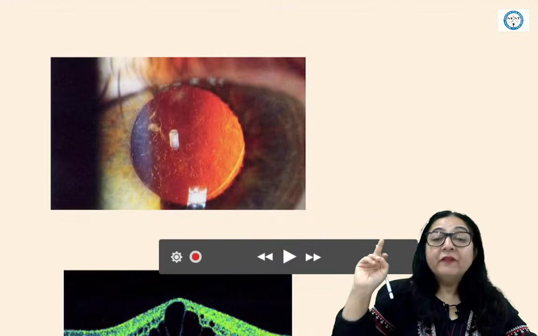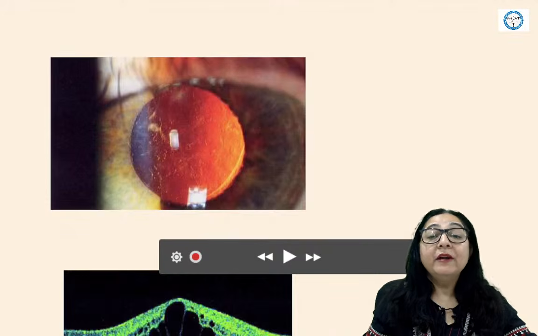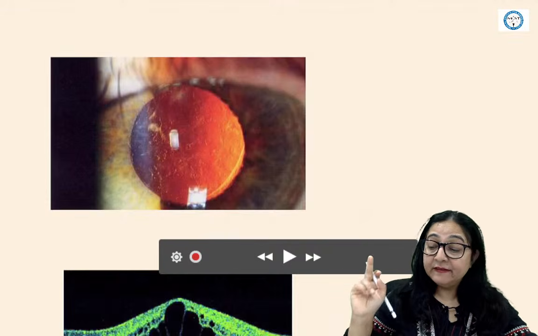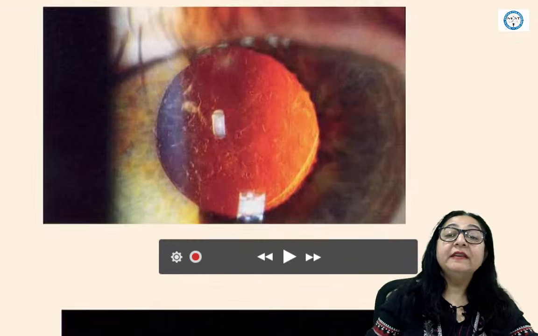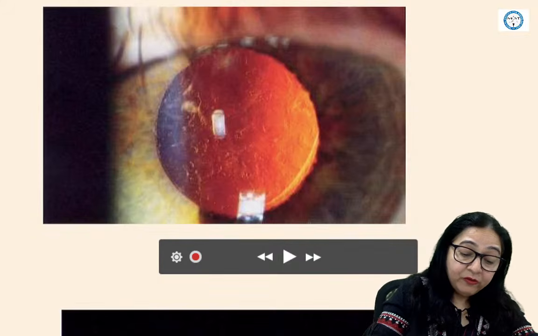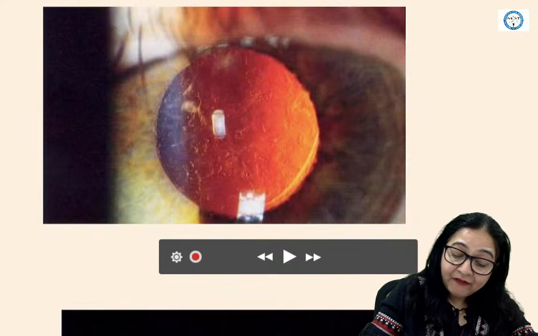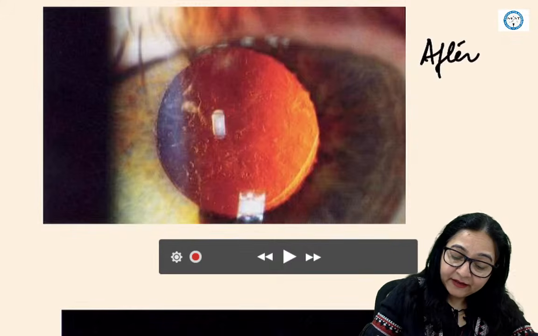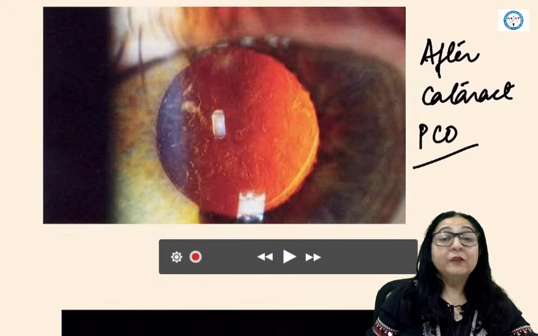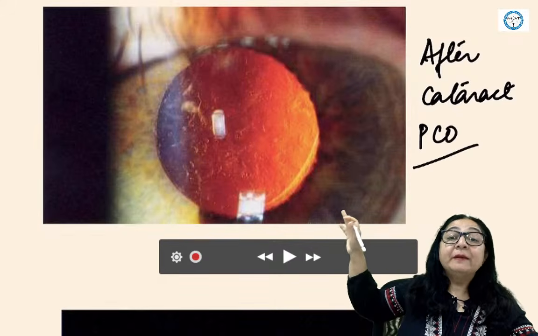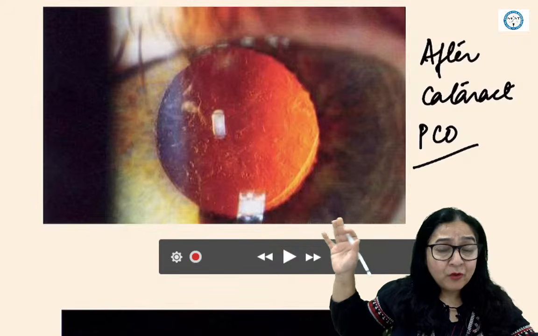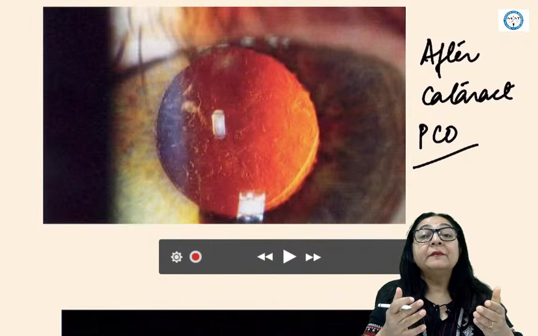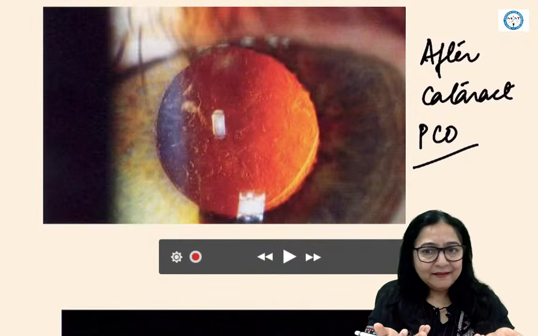One of the most common causes of decreased vision after cataract surgery is, beta, posterior capsular opacification, which is also called after cataract, in which the posterior capsule becomes opaque. The opacification can be in the form of Elschnig pearls, as you are seeing here, or less commonly as Soemmering ring. Once the capsule becomes opaque, again the patient will have decrease in vision.